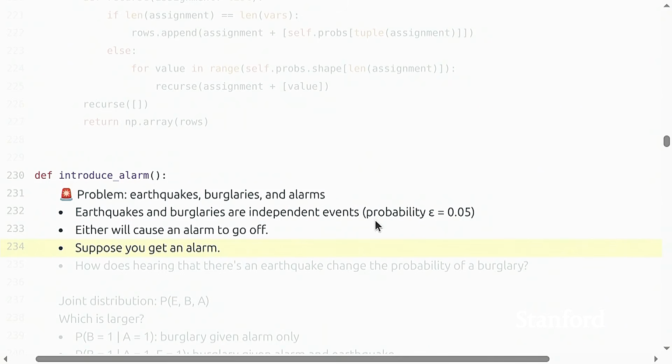So now here's the question. Suppose you pull up the news and you see that there was actually an earthquake near where your house is. So how does hearing the news change the probability of the burglary?